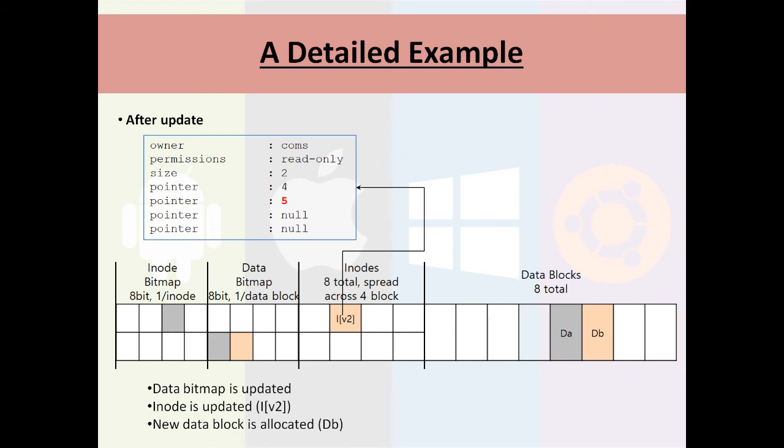We can see the updated bitmap here, bitmap version 2, which has another allocated block in it. And there is now an additional data block, which is DB, filled in wherever it means allocated. But this is what it would look like afterwards.